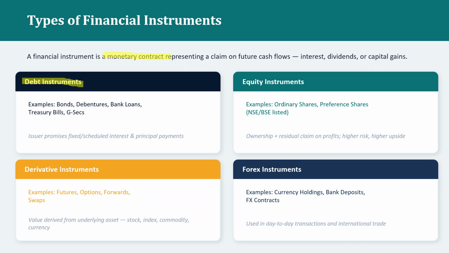debt instrument. A debt instrument represents a loan. One party has borrowed money and the other party has lent money. The borrower promises to pay back the principal and also pay the interest according to a fixed schedule.